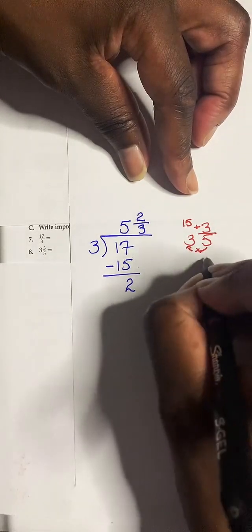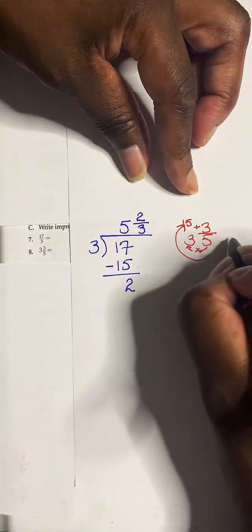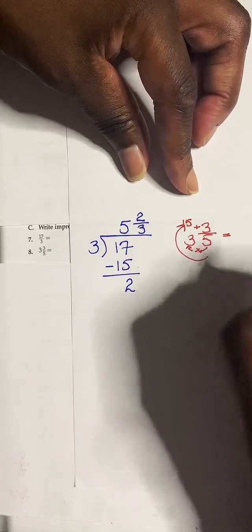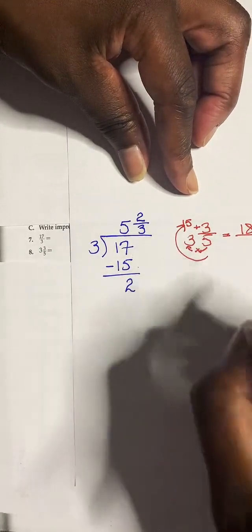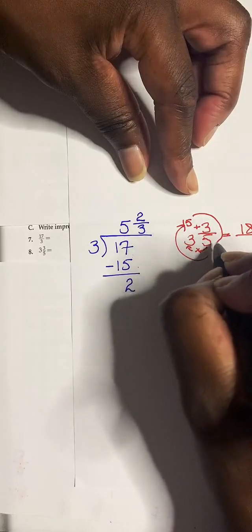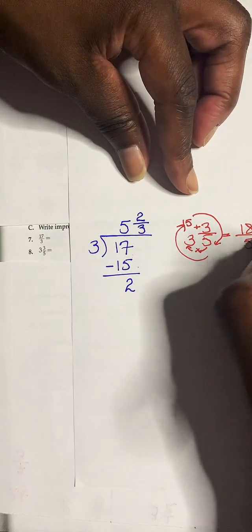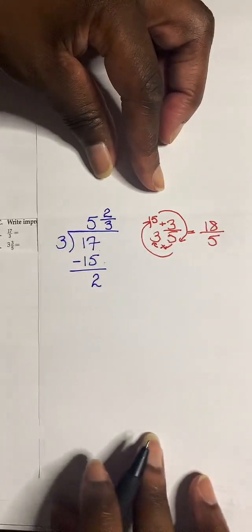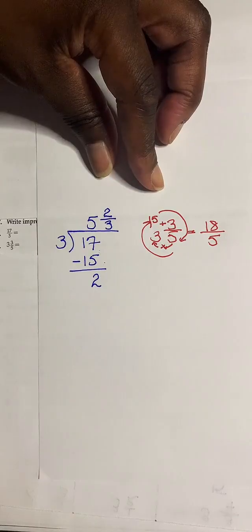So you see it's almost like a circle. Circle of life. All right? So 15 plus 3 gives me 18, and it goes right back to the denominator, which is 5. See, I told you. Circle of life. There you go, Molly. Good.